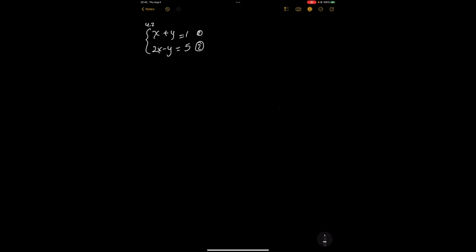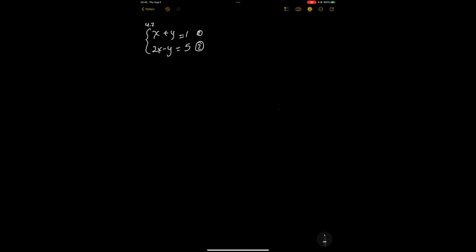So how are we going to do this? Remember, always do the easiest thing possible. Here we can do what we usually do, try to find y and say y equals something. But when it comes to a system of linear equations, you don't want to always rely on y.